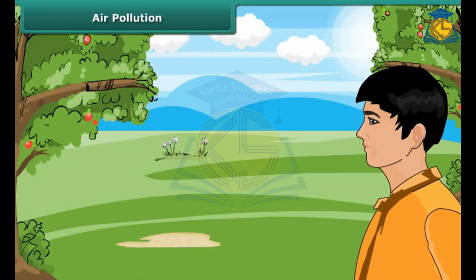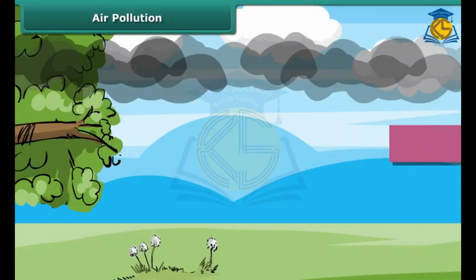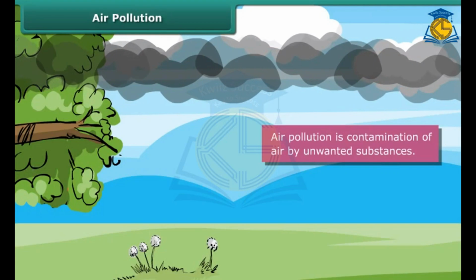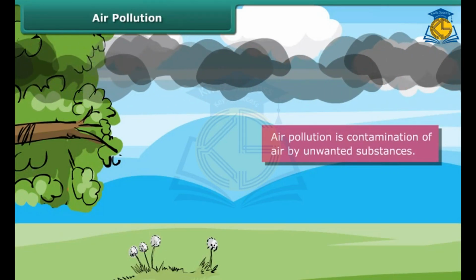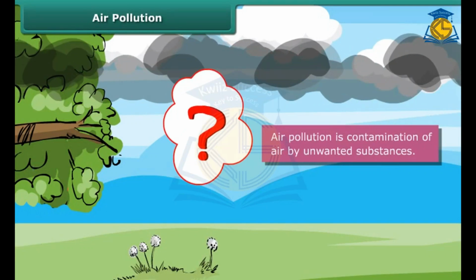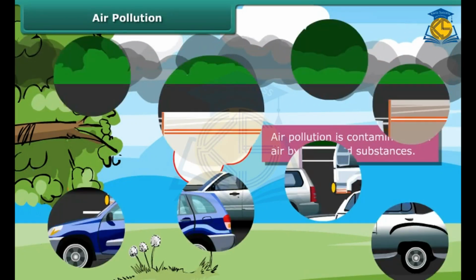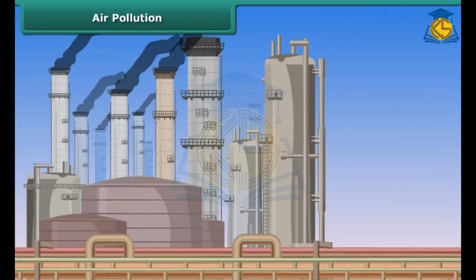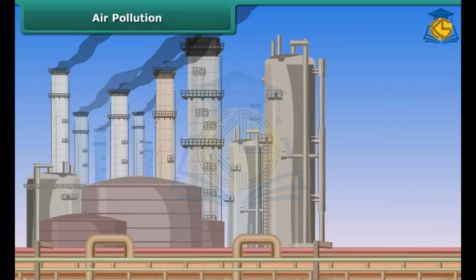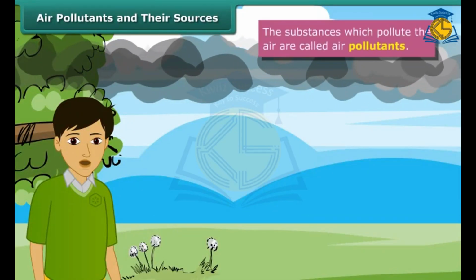Air is necessary for our lives, but air is getting polluted day by day due to presence of unwanted substances in it. Now you would like to know from where these substances come. These are released when fuels burn in vehicles or factories, and power plants produce them as gaseous wastes. Which substances pollute air?